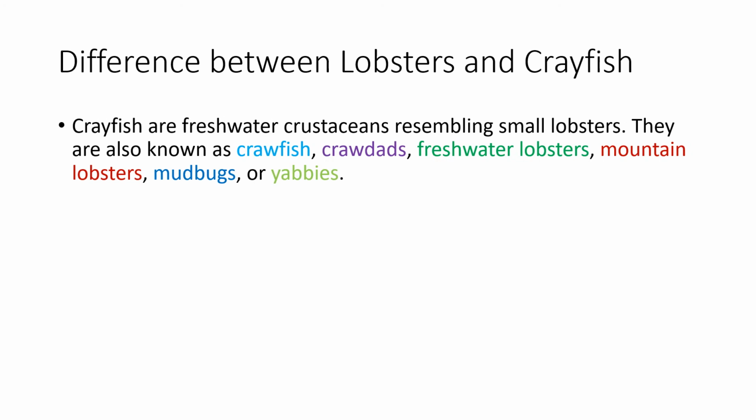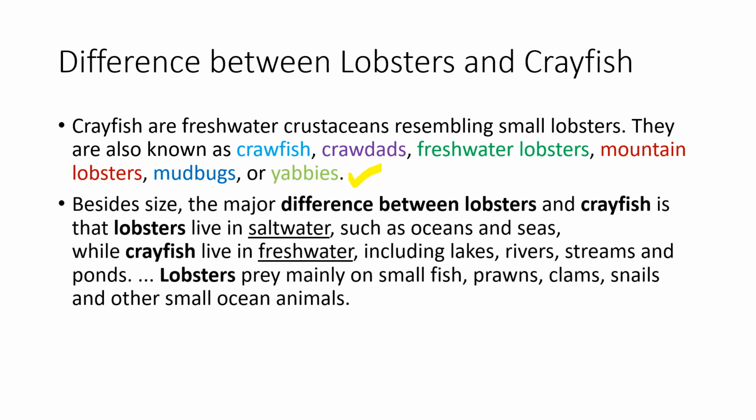Crayfish are also called crawfish, crawdads, freshwater lobsters, mountain lobsters, mudbugs, or yabbies. Those are the different names for crayfish that you would come across. Besides the size, lobsters are saltwater and crayfish are freshwater, so you would find them in lakes, rivers, streams, ponds, and so on.